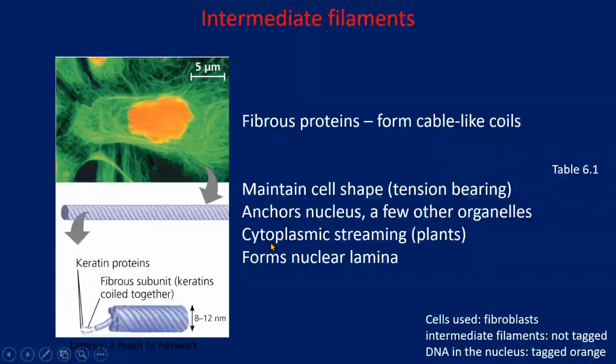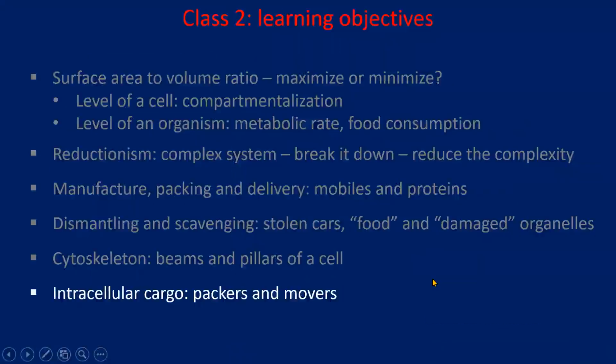Apart from that, it has very similar functions to the other cytoskeleton types. I think one of the distinctions is that intermediate filament can form the nuclear lamina.